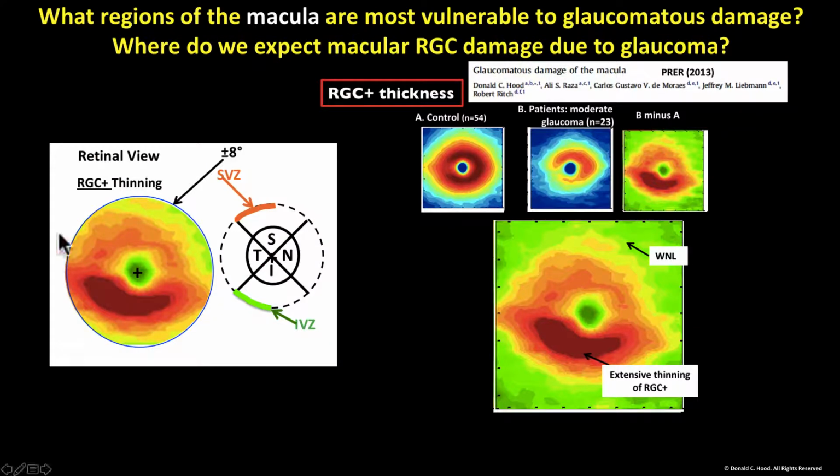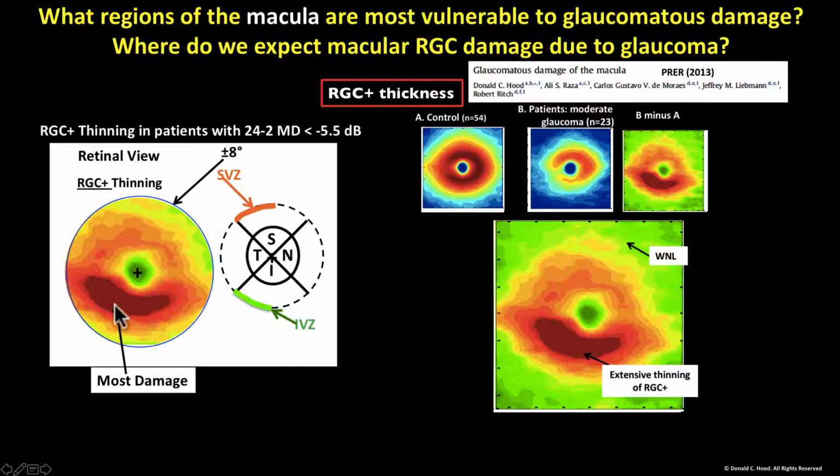Okay, so this summarizes it. This circle represents the edge of the macula as I define it, plus or minus 8 degrees. This is from the thinning from the patients with mean deviations that are classified as moderate. That's where the most damage is.